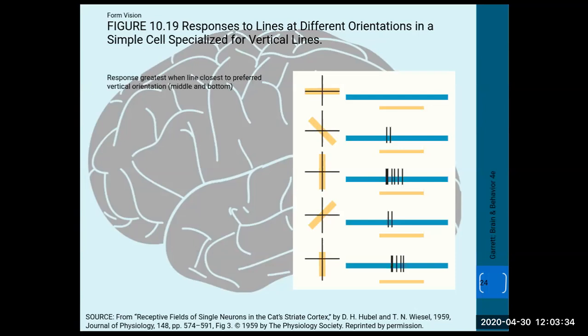All we're looking at is understanding the orientation of different lines, horizontal lines versus vertical lines. So there are separate cells in V1 that correspond to horizontal lines and will fire, and there are ones that respond to vertical lines that will fire.